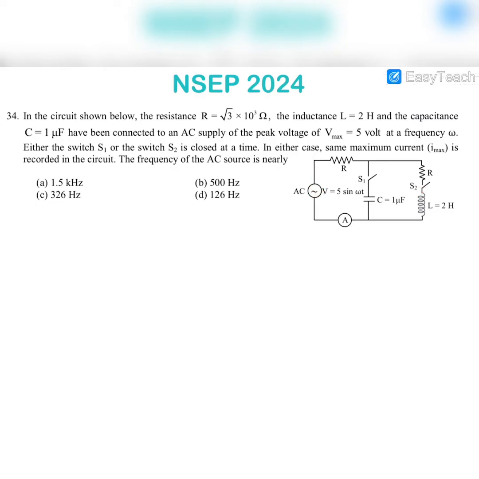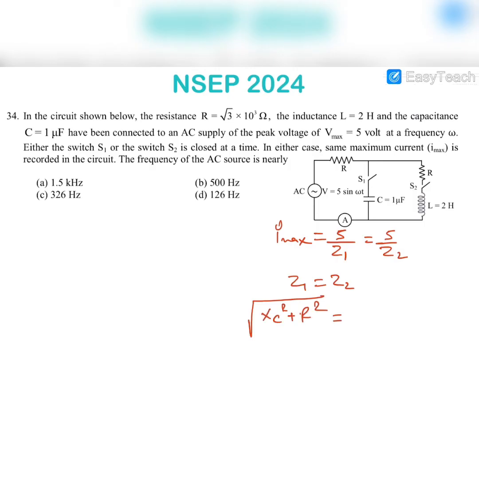So which means that the peak value I max is V naught, which is 5 in the circuit, divided by Z1, and again I max is 5 upon Z2. So Z1 is equal to Z2, and Z1 is the impedance when switch S1 is closed only. So this is an RC circuit. So Z1 is under root of XC square plus R square.